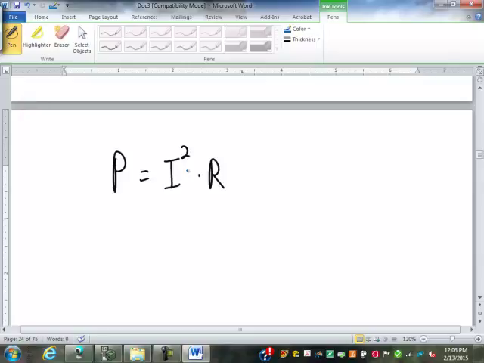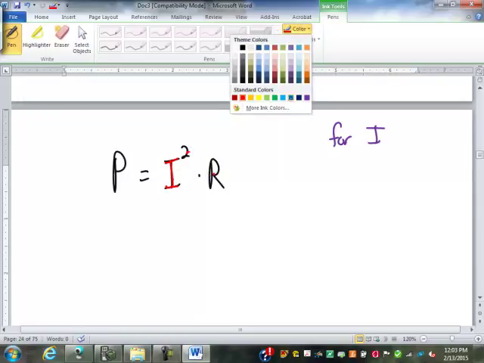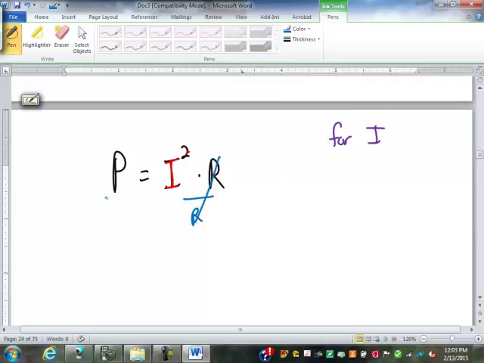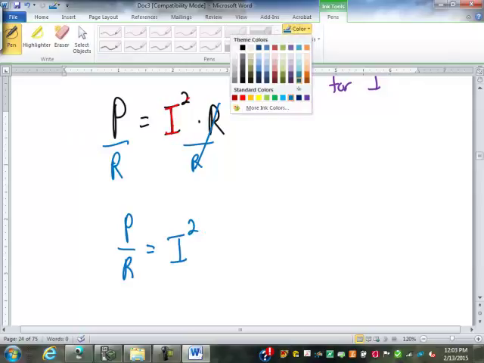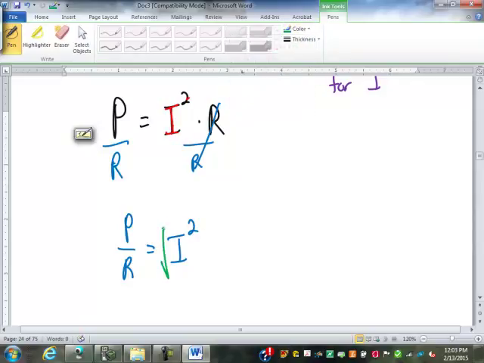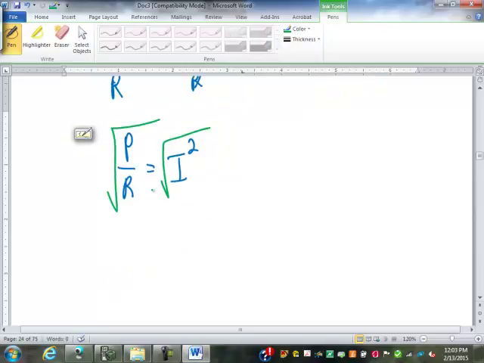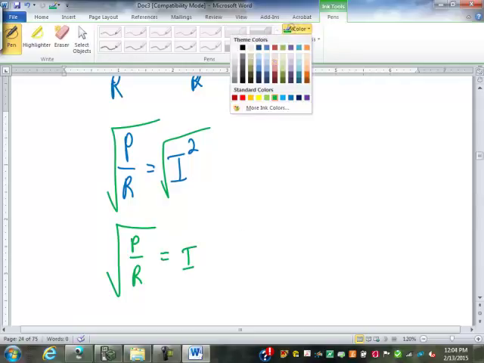So in a problem like this, if I want to solve this for the current, for I, to get I by itself, I has been squared, and then it was multiplied by R. So to take it apart, I have to divide by R. That gives us P divided by R equals I squared. Then to get rid of the squared, we're going to take the square root, making sure that the symbol covers the whole thing there: the square root of P over R equals I.